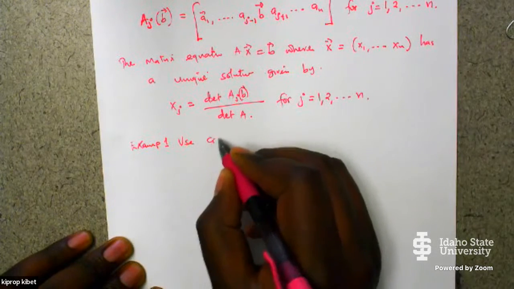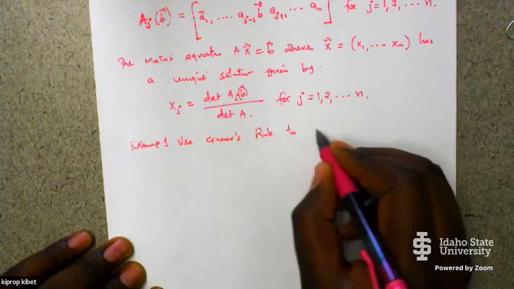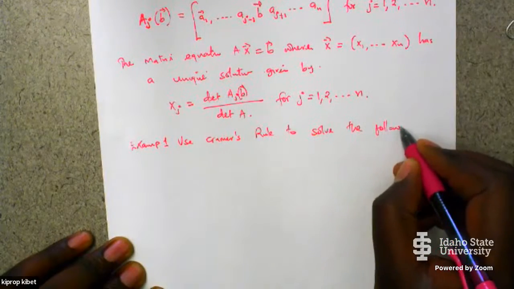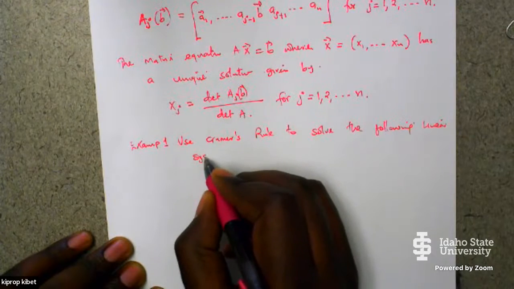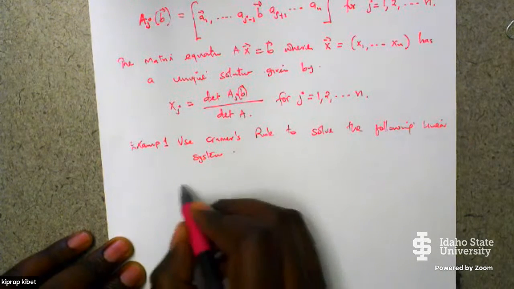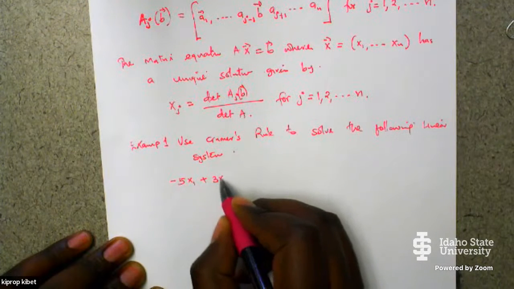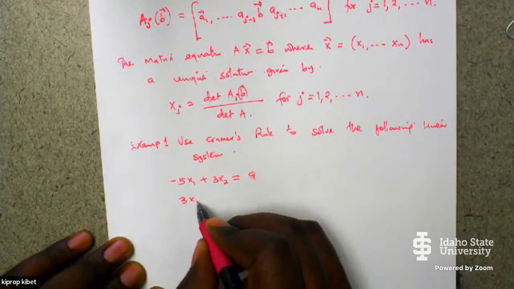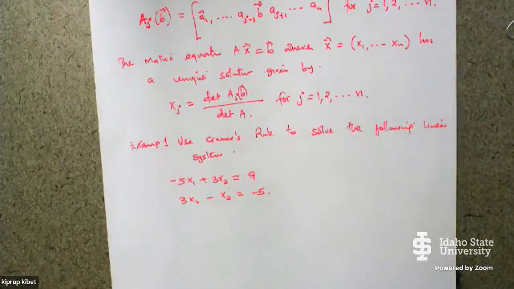Use Cramer's rule to solve the following linear system: minus 5x1 plus 3x2 equals 9, 3x1 minus x2 equals minus 5.